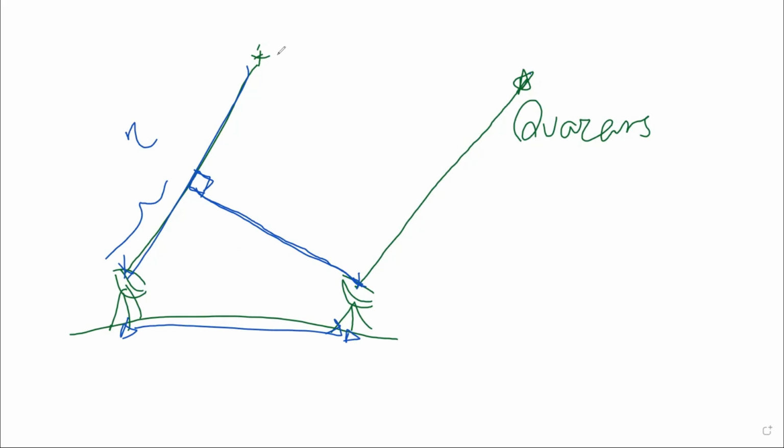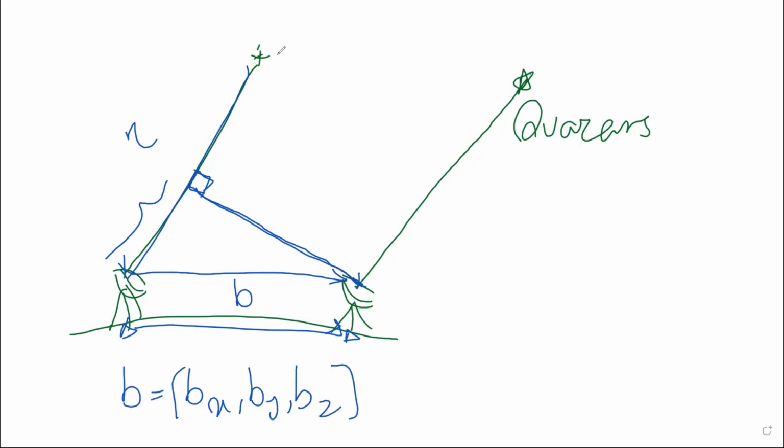But the question is how this can be related to the baseline. What is a baseline? The baseline is actually a vector: Bx, By, and Bz.